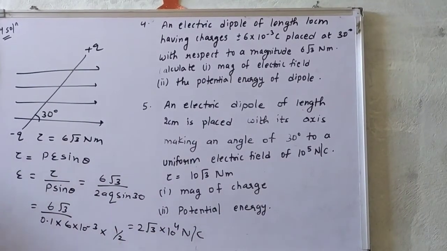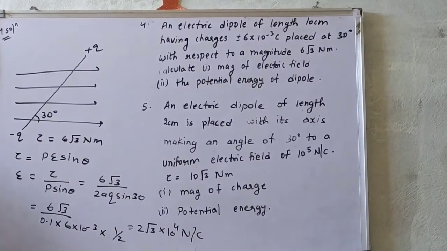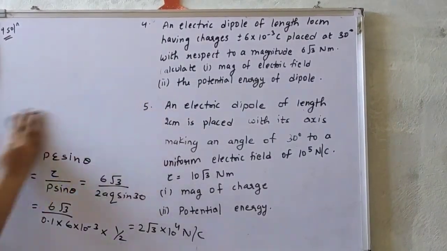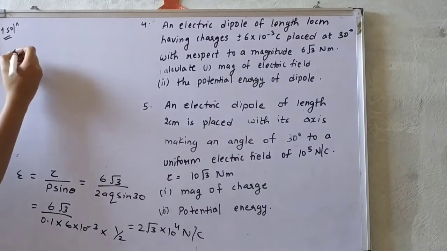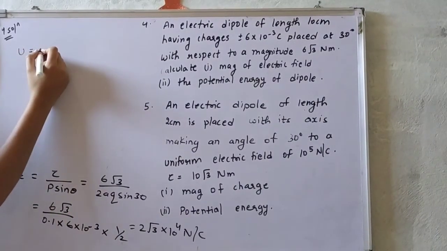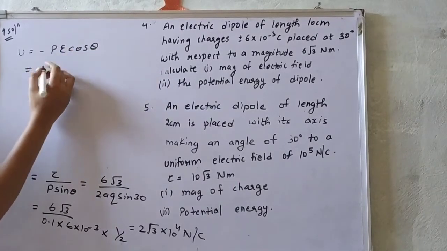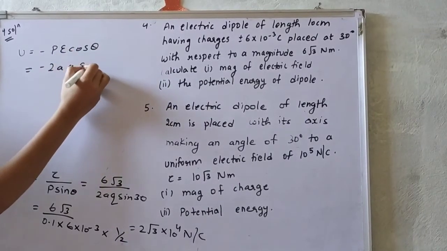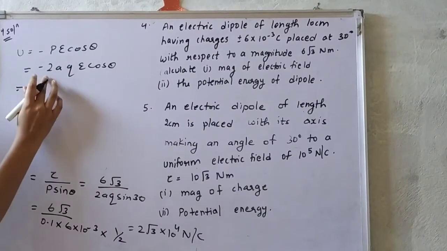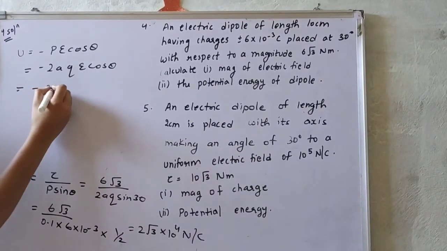This is your first part. Now your next part, potential energy you need to calculate. The potential energy formula is minus pE cos theta, p is 2aq, E cos theta, same. The 2a value is 0.1.